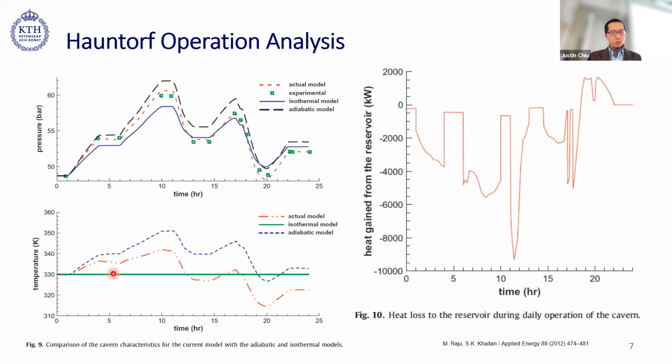To the bottom left is shown the temperature change also. So isothermal, constant temperature. But then in reality, it is closer to the adiabatic model over here. To the right is shown the heat gain from the reservoir. So whenever we compress, we have the heating up of the reservoir, right?